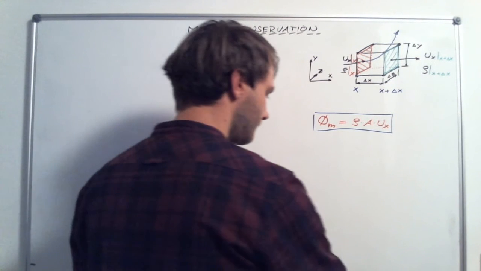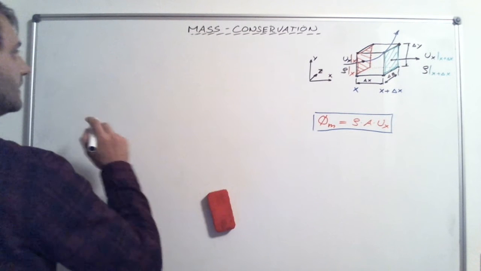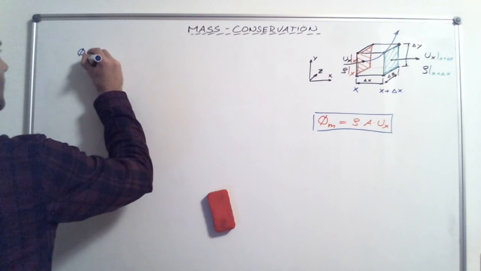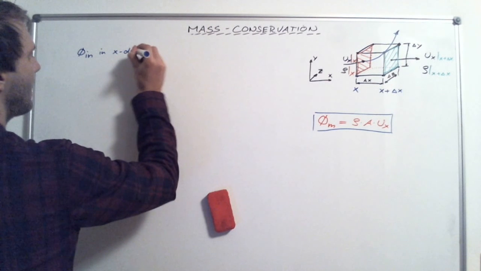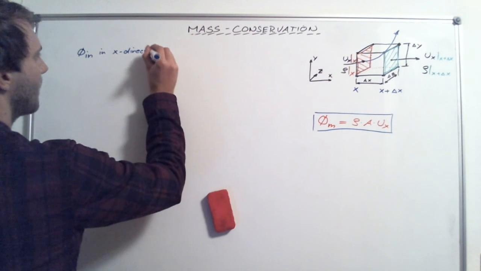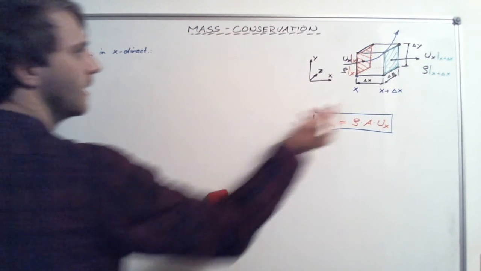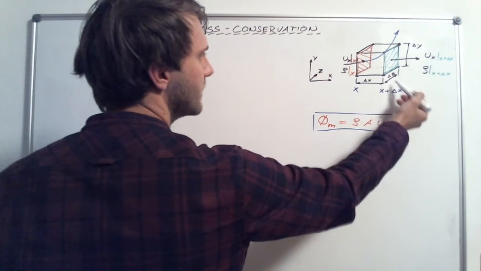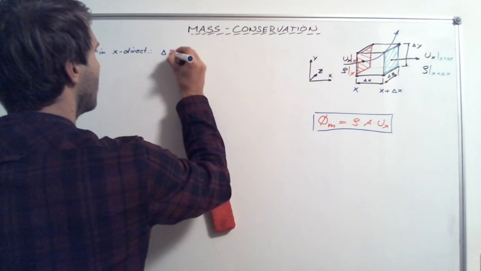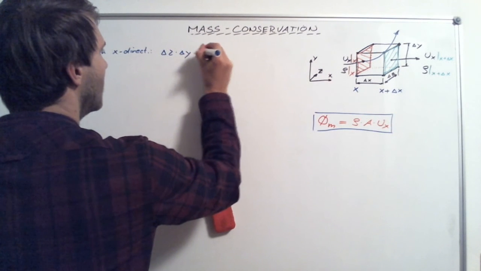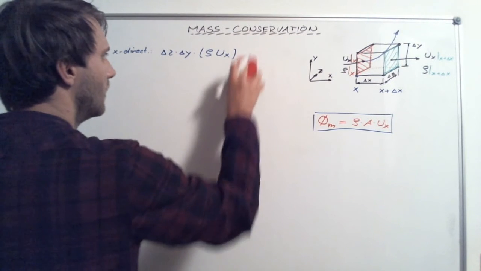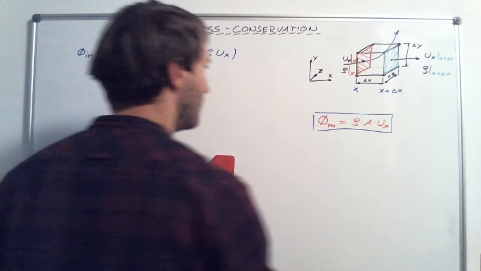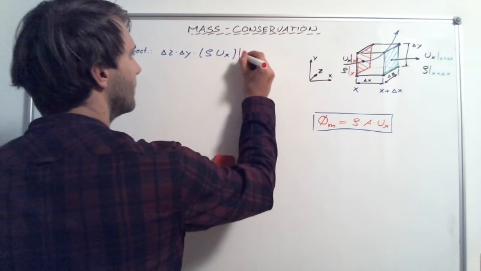And now we can simply say the mass flux going in x direction. What is it? It is the area, the red area. It's delta z, delta y, multiplied by the density and the velocity in x direction at, I will mark it with the color, the position x.